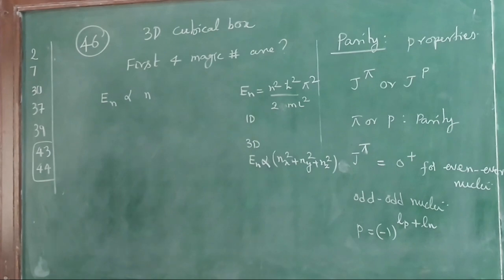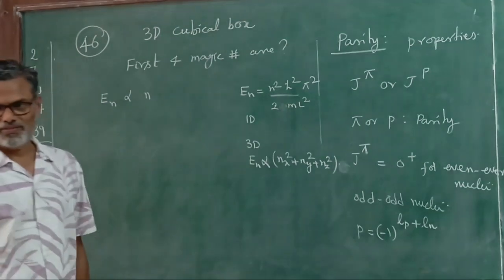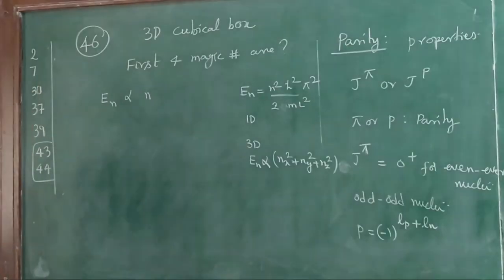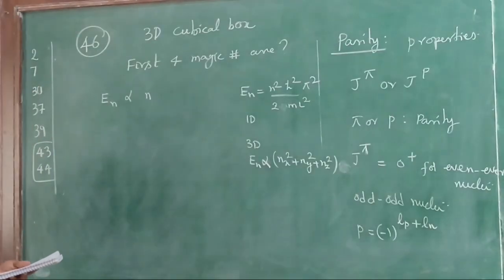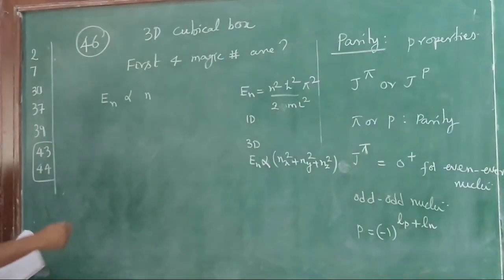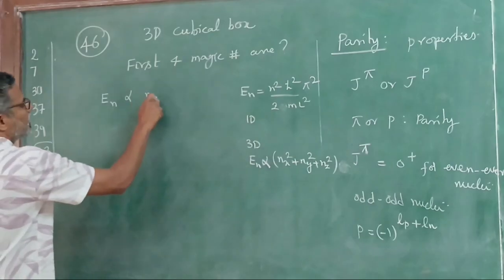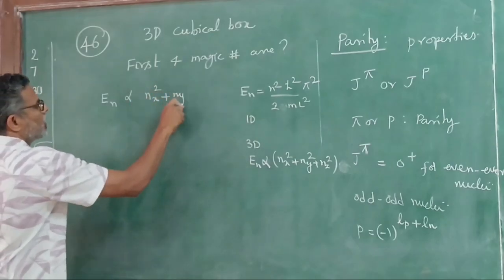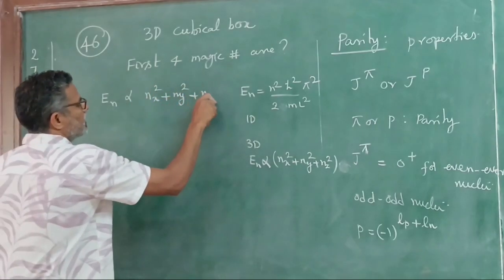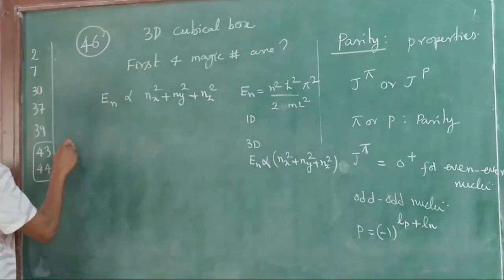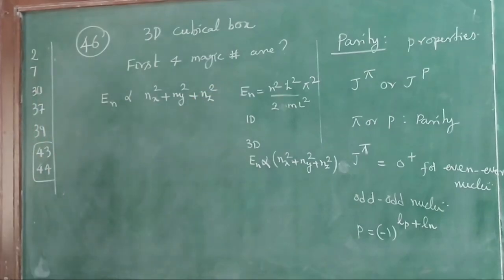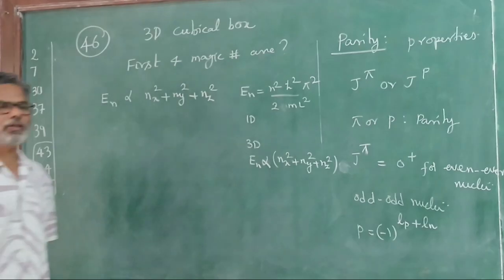Your En is proportional to nx square plus ny square plus nz square. So what will happen is we will start getting degenerate states, so the states will increase.